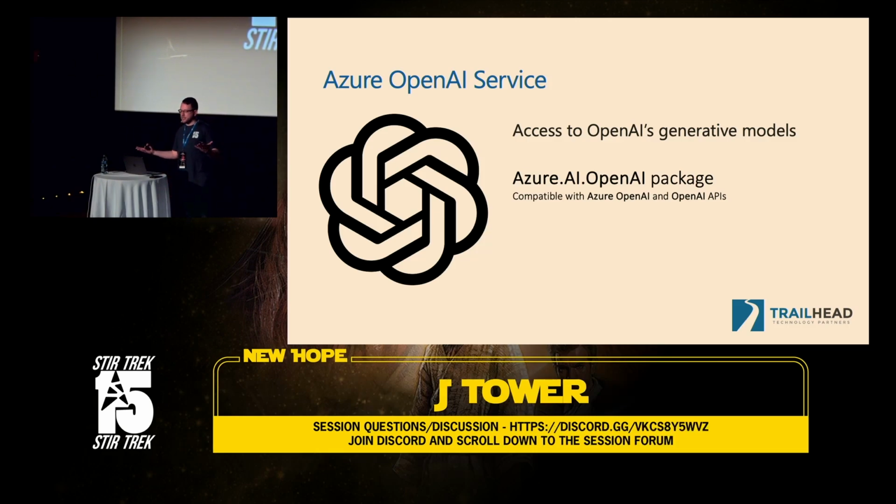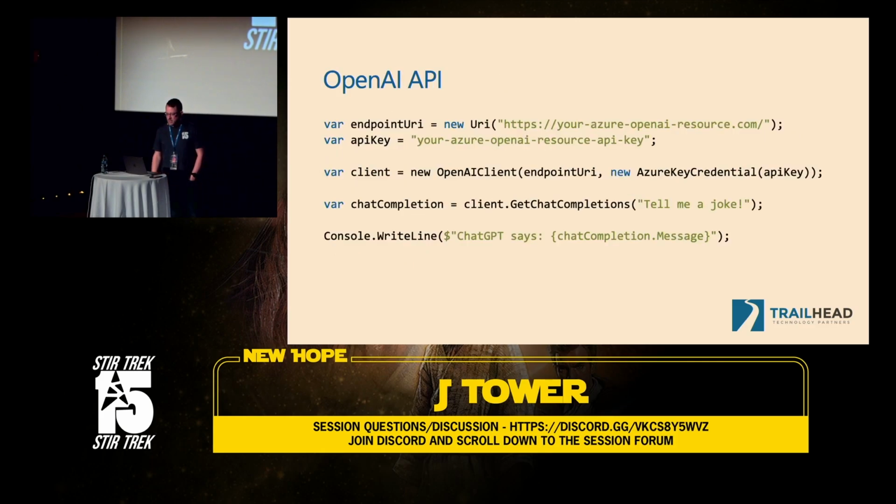Either one of those will actually work. The OpenAI NuGet package for .NET actually works with both direct connections to OpenAI, which has its own APIs, or if you want to connect to OpenAI through an Azure resource, you can also do that. And we'll talk just in a second here about the difference between using those two and why you might use one versus the other.